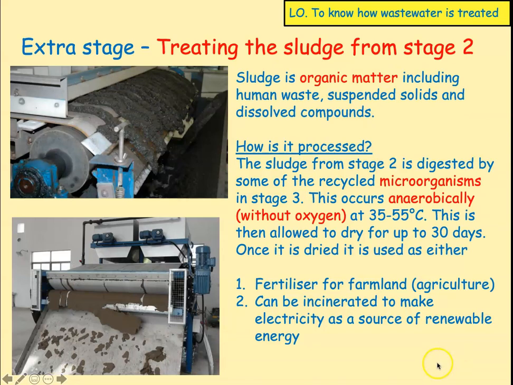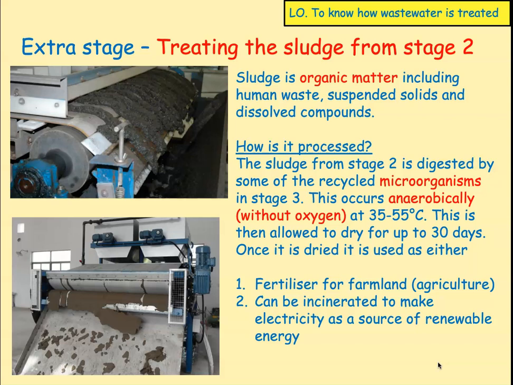So what happens to the sludge that we made in stage 2? Well, it's very useful, but we need to actually deal with it. It's organic matter, so it comes from human waste. And what we're going to do is use some of the microorganisms and have them digest the organic matter, but this time not aerobically, but anaerobically, without oxygen, at 35 to 55 degrees C. So they're going to break it down, and we're then going to allow it to dry for up to 30 days.